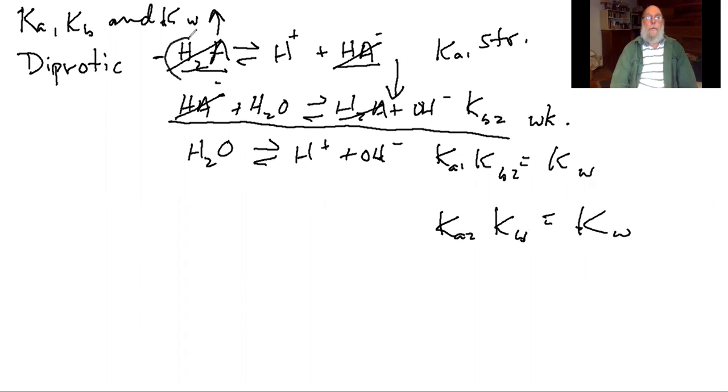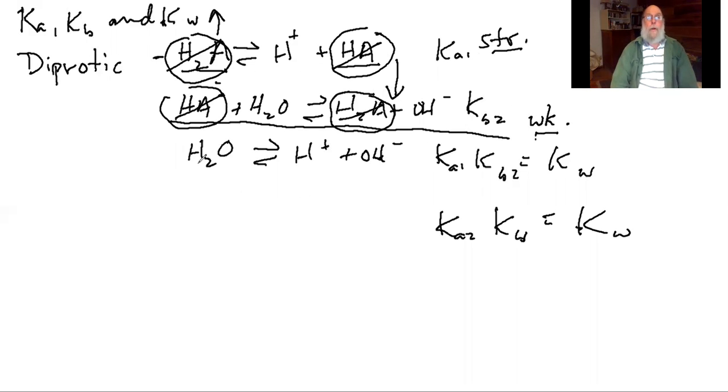So the stronger acid and weaker base go together to make our Kw, and the weaker acid and the stronger base go together. Actually, that isn't quite what I wanted to say, but I hope you get the point. So the stronger acid and the weaker base go together.